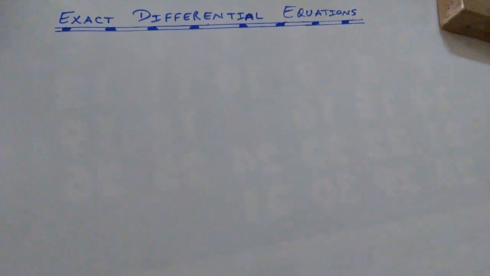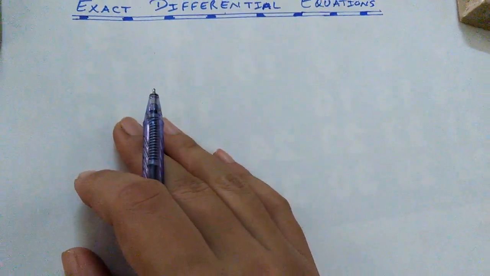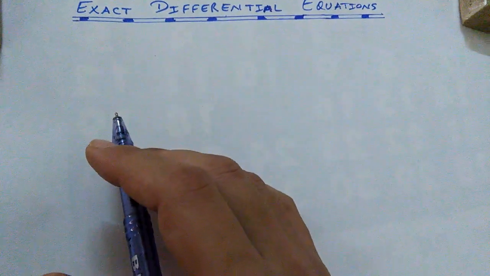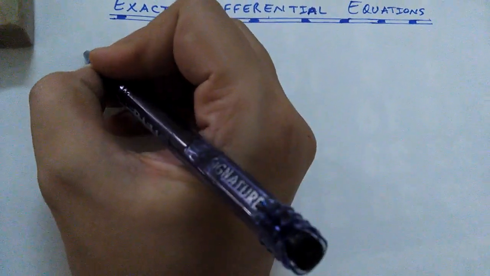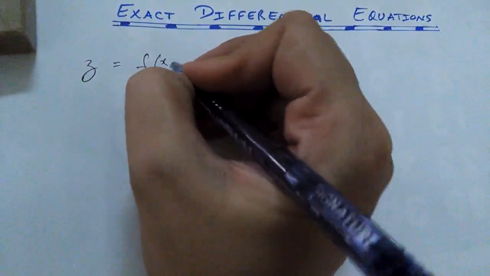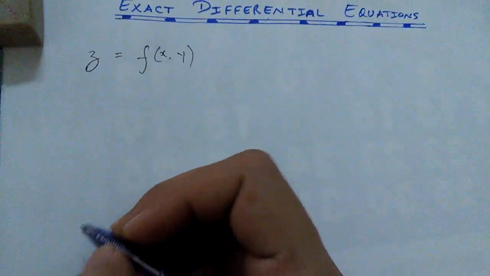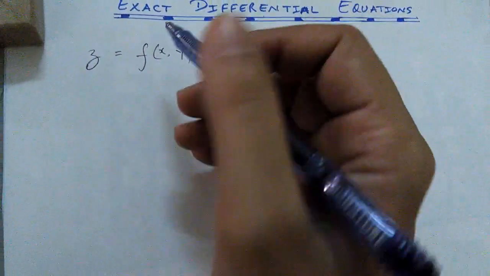So over here, in order to understand the concept of an exact differential equation, what exactly it is, for that purpose I've decided to pick up a bivariate function, and I just call it f of x, y.